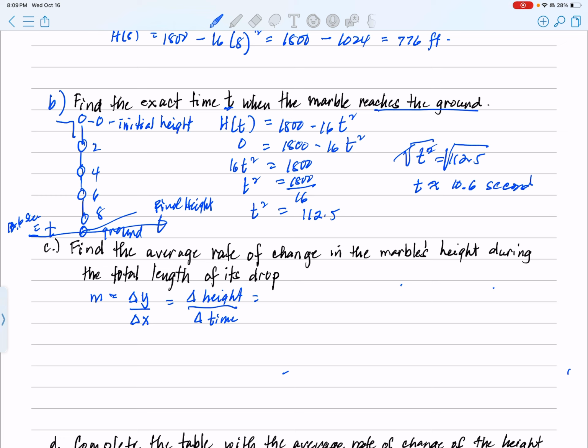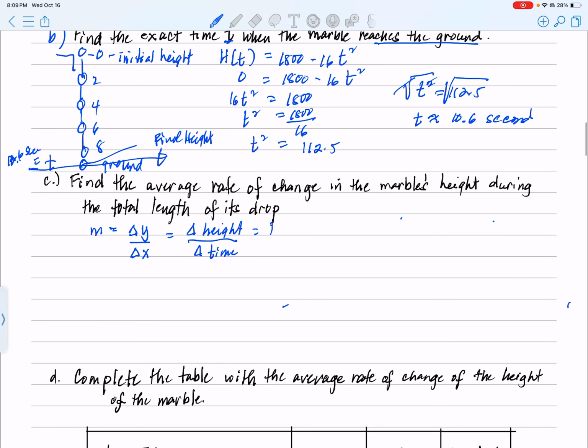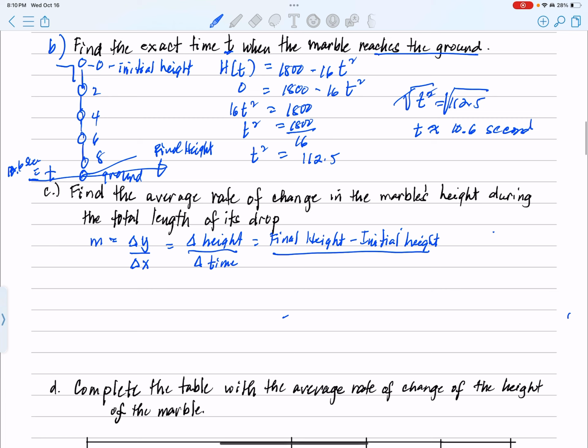Okay. So that means we could get the change in height by subtracting the final height minus the initial height. And the change of time would be the final time, when the ball is on the ground, minus the initial time.